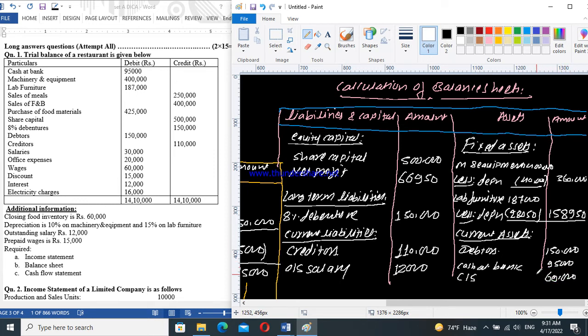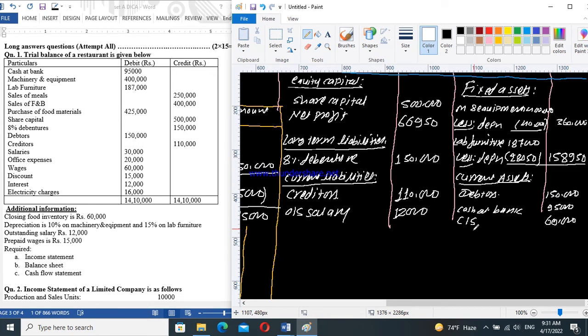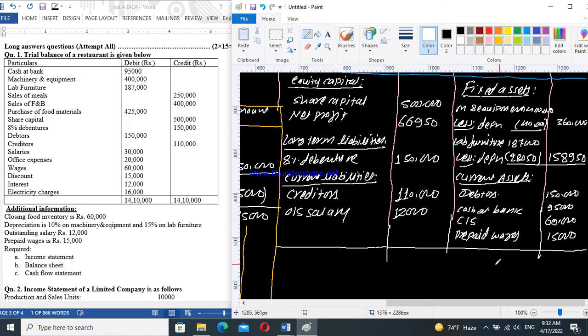And next one prepaid wages is 15,000. Okay, you can settle all the amounts and they are equal on the balance sheet.